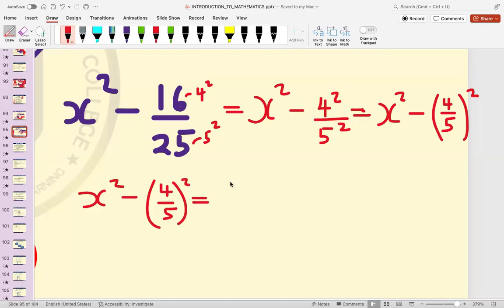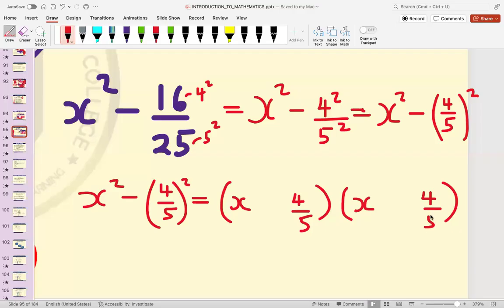you open your two brackets. Bracket number 1 and then bracket number 2. Repeat your x 2 times. So you have x. Repeat 4 over 5 also 2 times: 4 over 5, 4 over 5. 4 over 5 has minus here.